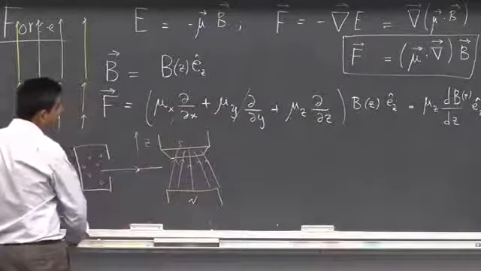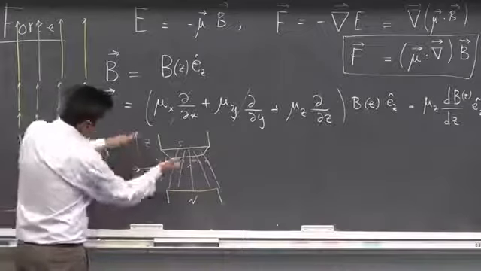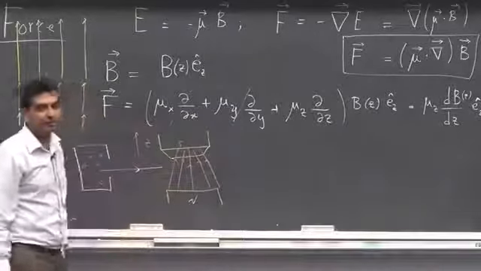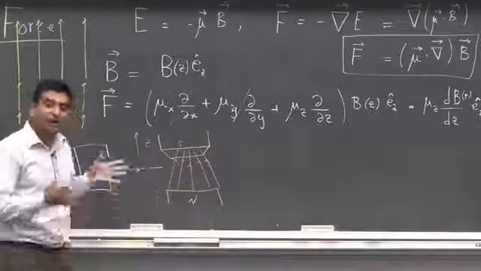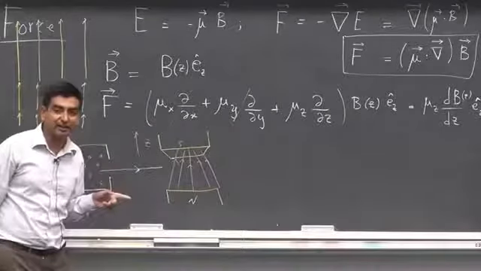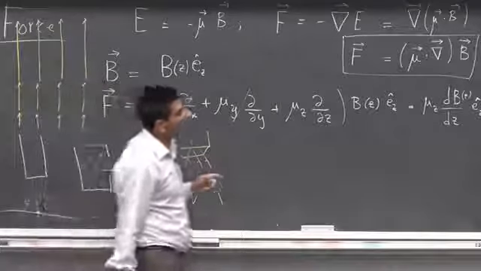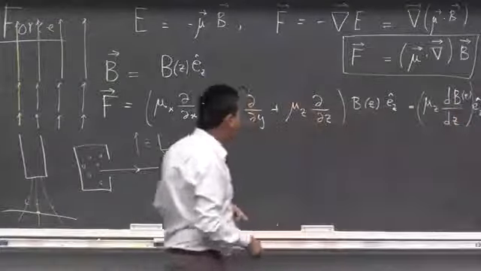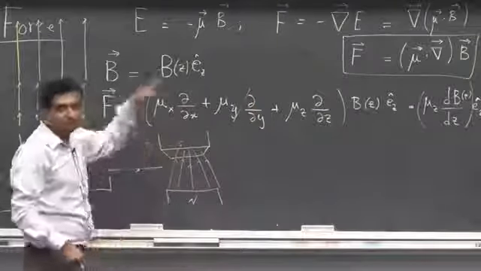So if I have spin half particles coming in, and they traverse this inhomogeneous field, a force will act. The force is going to be in the z direction, and the magnitude of the force depends upon this. Now this is engineered by the magnet, so dB over dz is increasing in the positive direction.